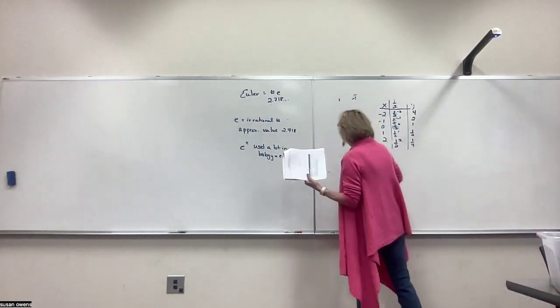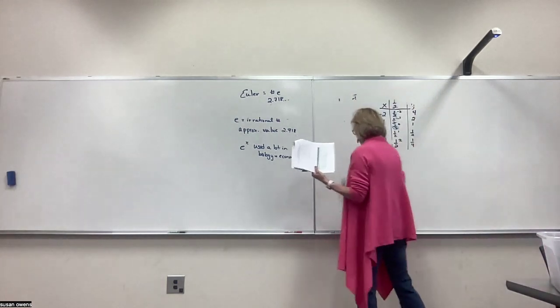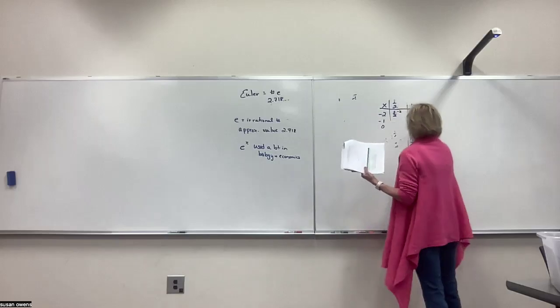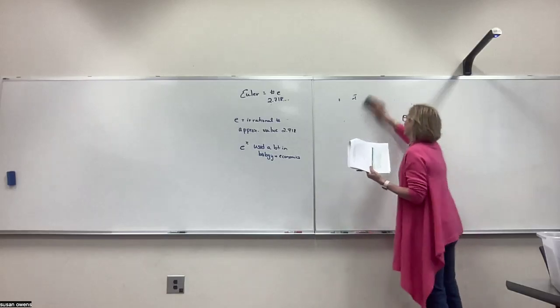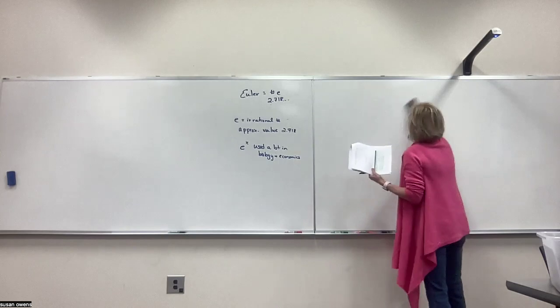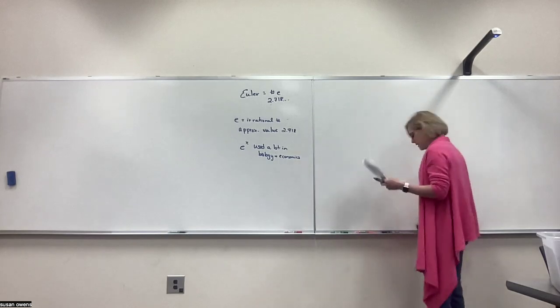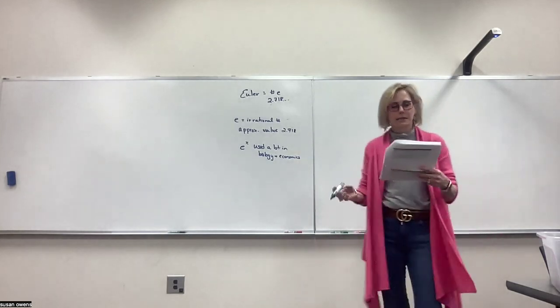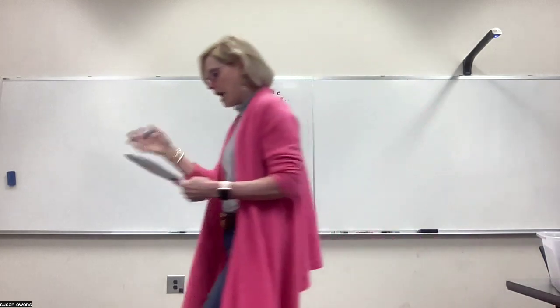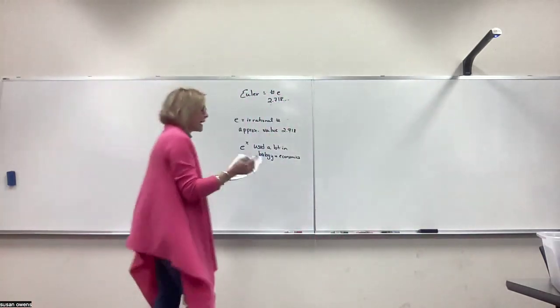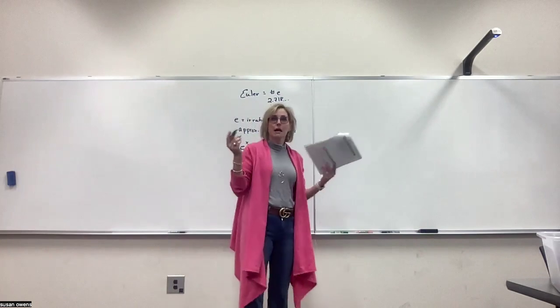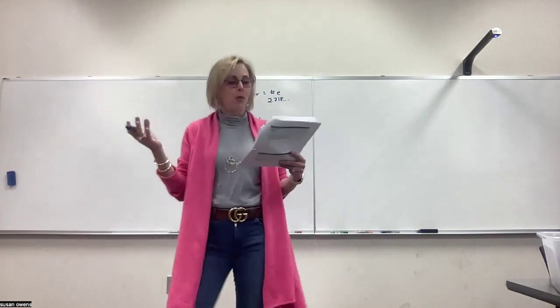So it's an important number. It came up a lot when they were studying logarithms, and it is considered a natural base to logarithms. Okay, so when we sketch graphs, there's going to be a general shape that we get.